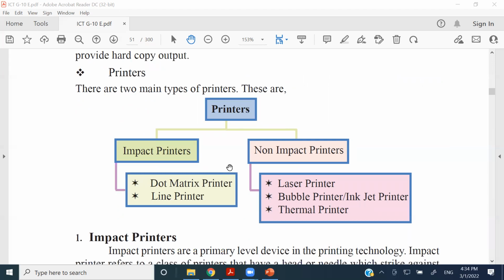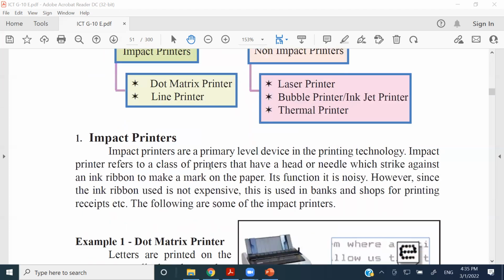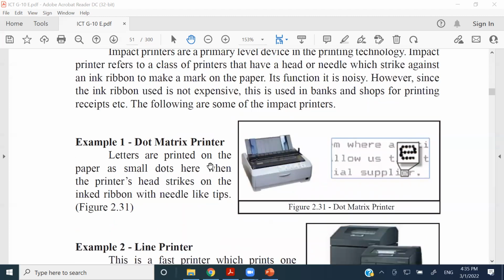They can provide those things at a very low cost. Because of that, most shops and organizations use these especially to print their receipts, regarding the cost factor. So that is what you call impact printers. Under impact printers, there are two major types: dot matrix and line printers.